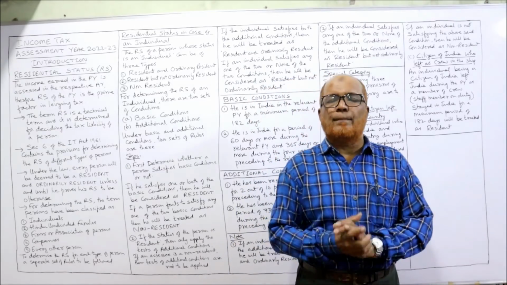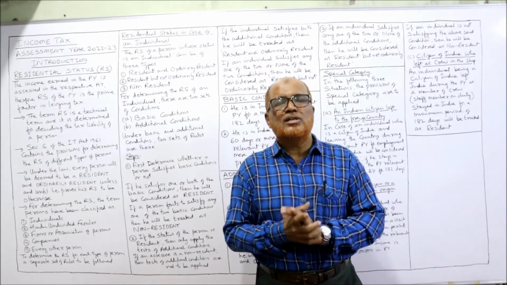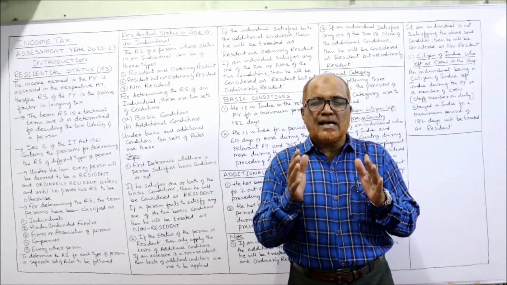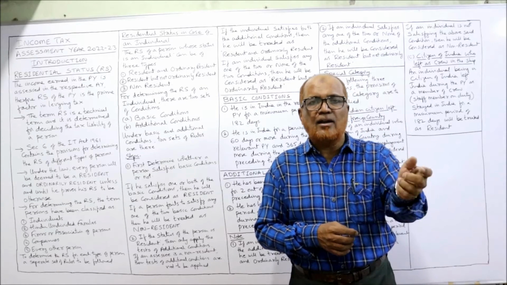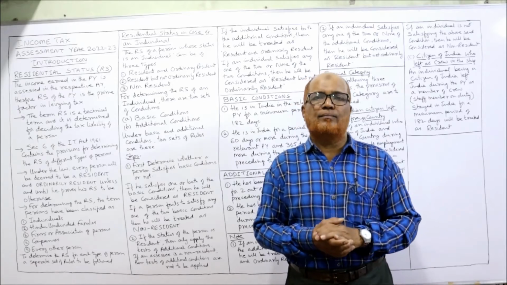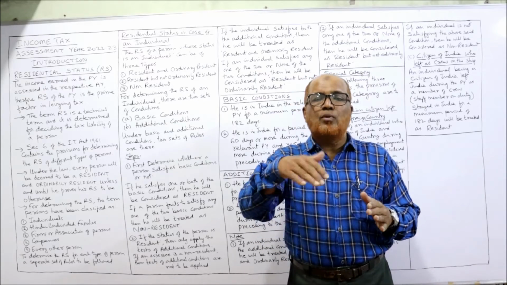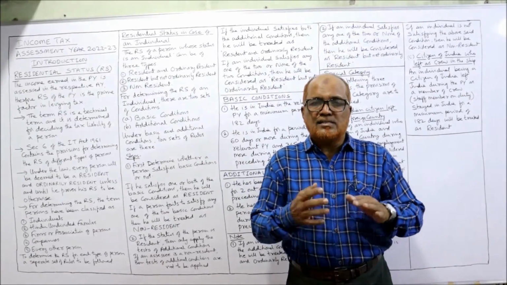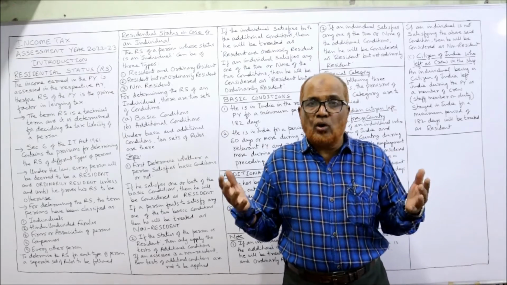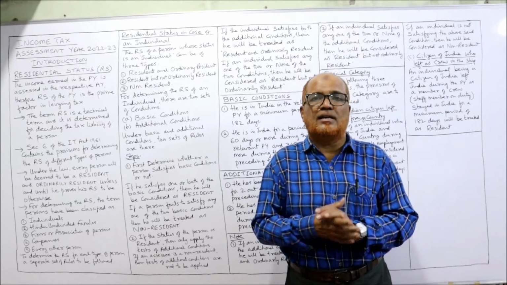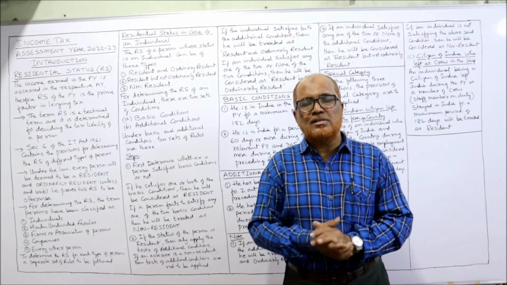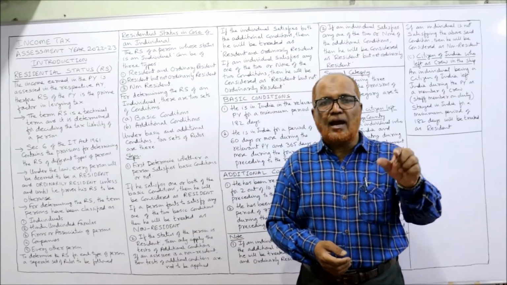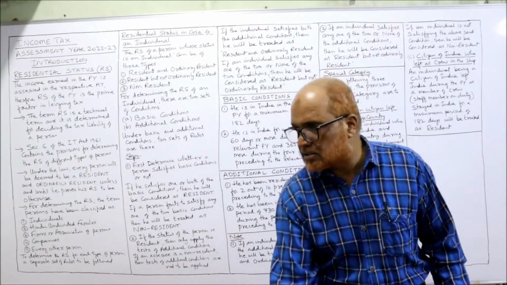If no information is provided, then it is assumed that every assessee is resident and ordinarily resident in India until and unless he proves otherwise. The assessee has to prove that I am not a resident, I am not an ordinarily resident. But the law makes an assumption that every person is a resident and ordinarily resident.